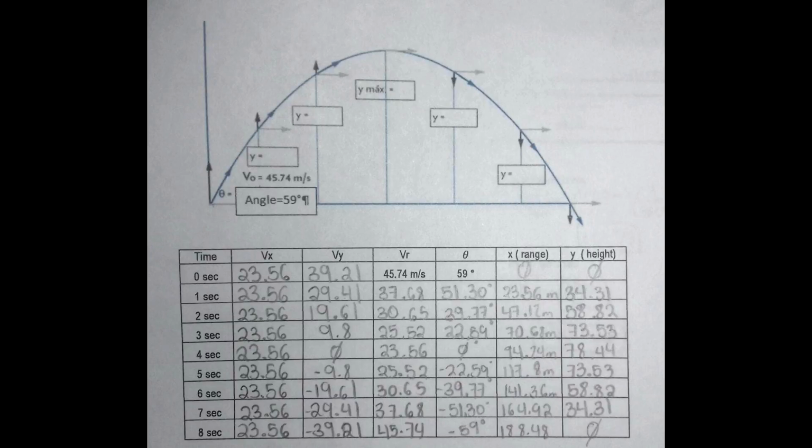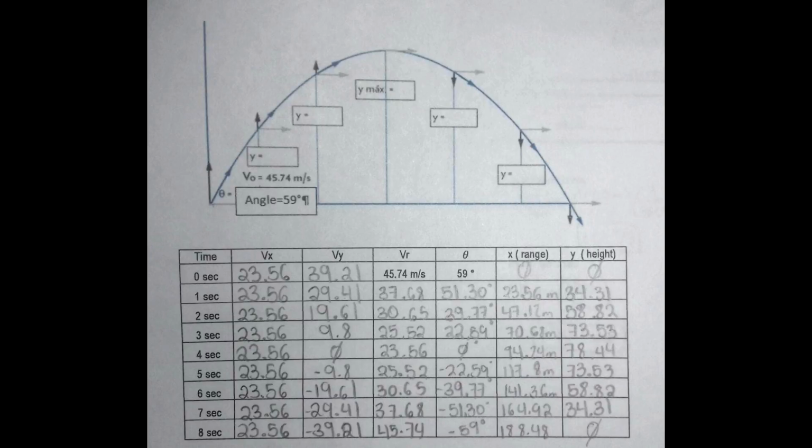Then to obtain the range in the second 2, we multiply 23.56 times 2, and to obtain the range in the second 3, we continue doing it, multiplying the vector in x times the time we want to obtain.